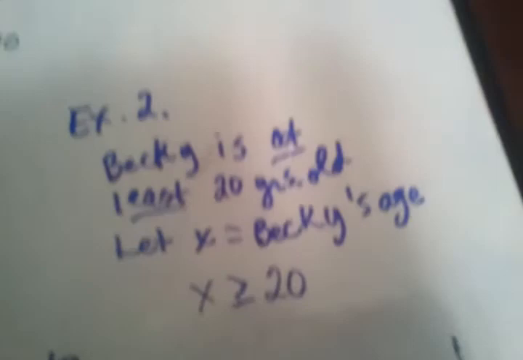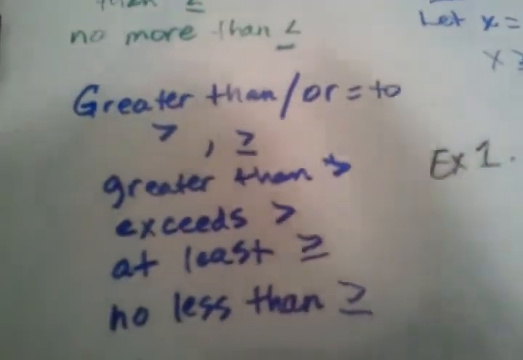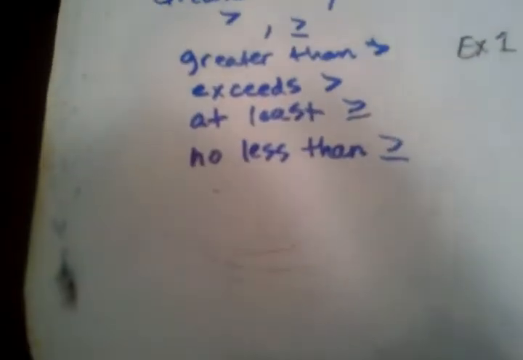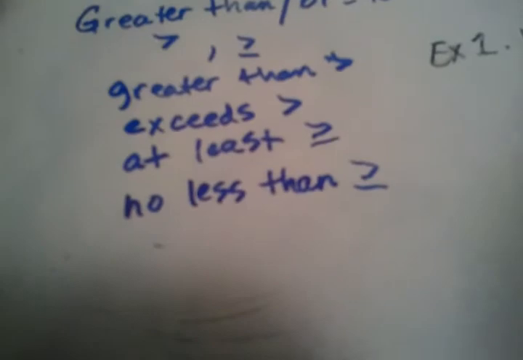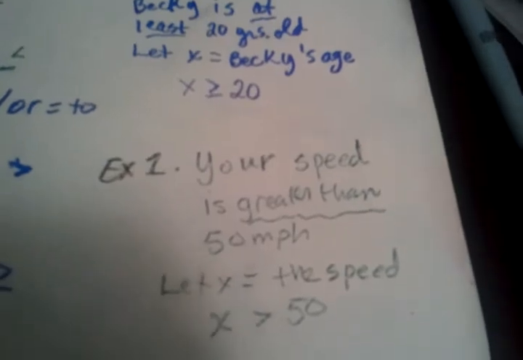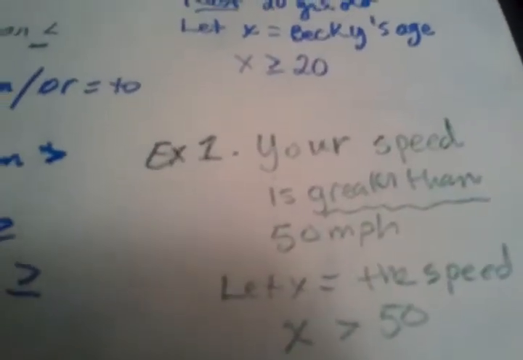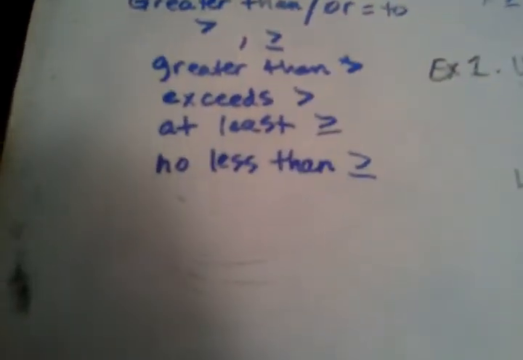All right, so here's your assignment. You're going to do a couple of things for me. When you do the sentences like we just did, example 1 and example 2, when you do those, make sure you define your variables. All right, so here goes.